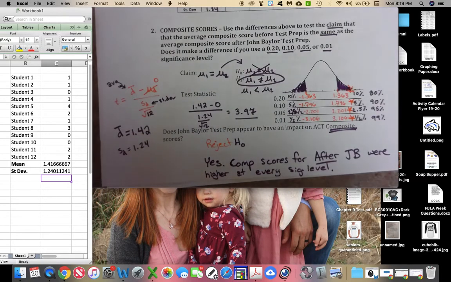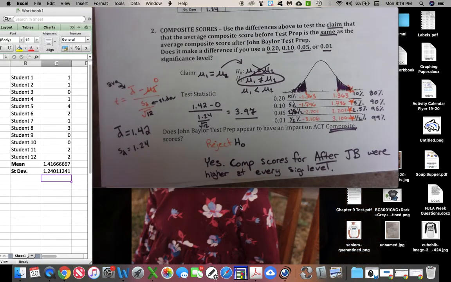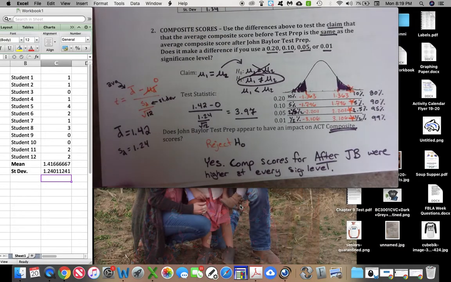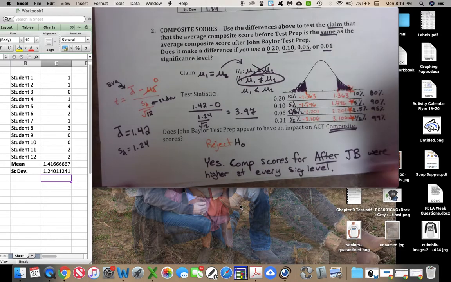So based off of this data, all of the data is saying that John Baylor was a good thing, or John Baylor did help improve scores.